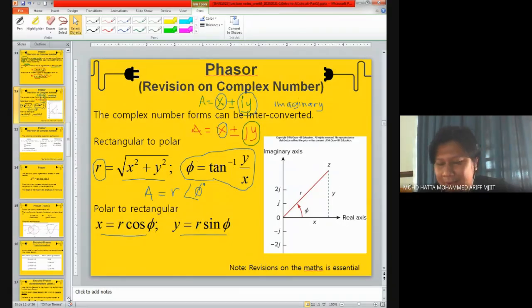So that's why I think for engineers, mathematics should be in your fingertips. You should know how to calculate any kind of problem. If you try to convert from rectangular to polar, or maybe you try to do differentiation, integration, it should be within your fingertips.